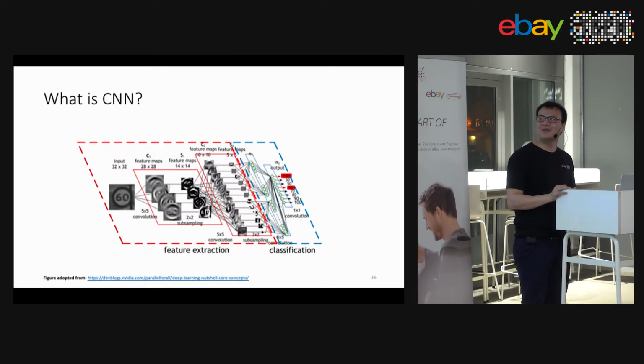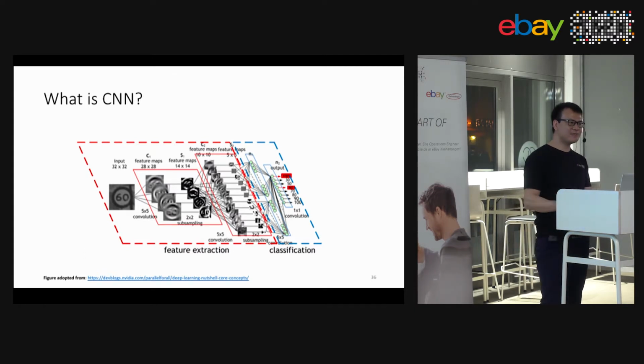Next, I will quickly introduce the first generation of the convolutional neural network. This example shows that this neural network can be used to classify images of traffic signs into digital numbers. In this case, it classifies this image of 60 into the digital number 60. We analyze this model by breaking it into two parts.